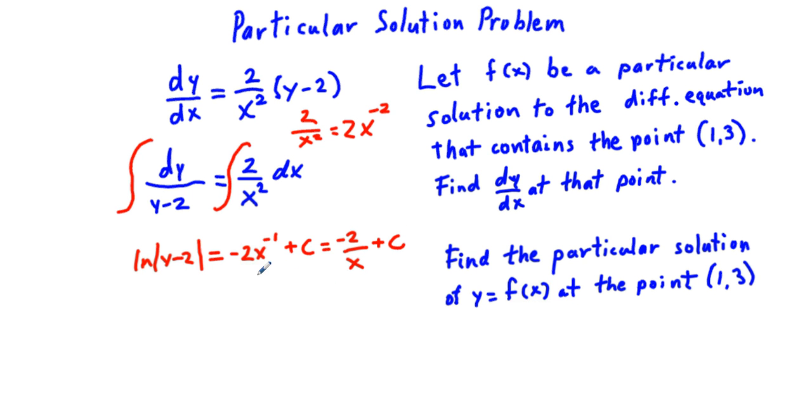Okay, the next thing we're going to do is solve for y. To do that, we realize we're going to have a positive value here. The absolute value of y minus 2 is going to be positive, because when we plug in 3, that's going to make this thing positive. So I'm just going to put ln of y minus 2 equals negative 2 over x plus c.